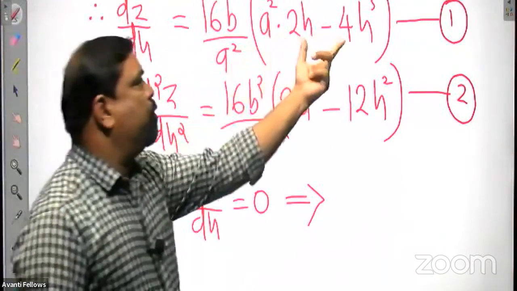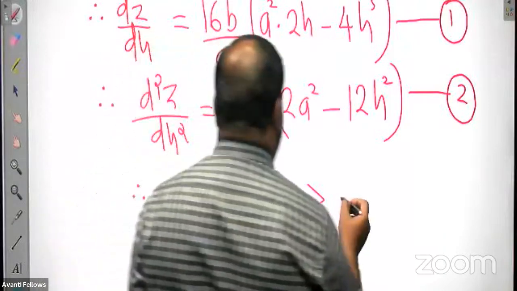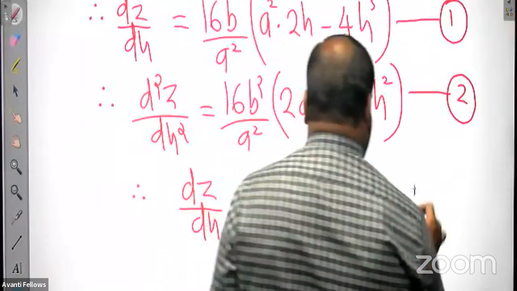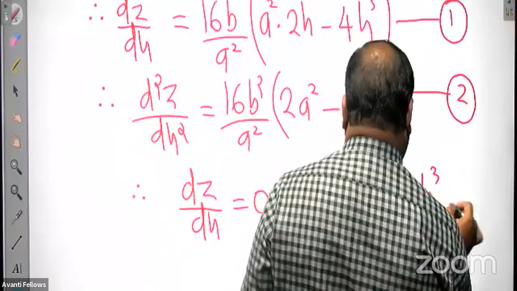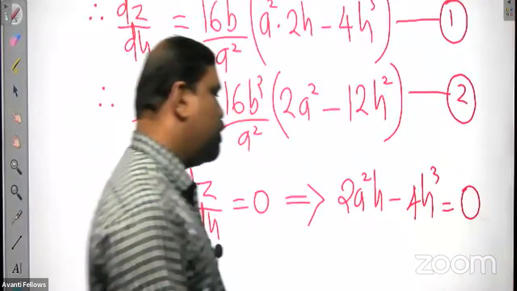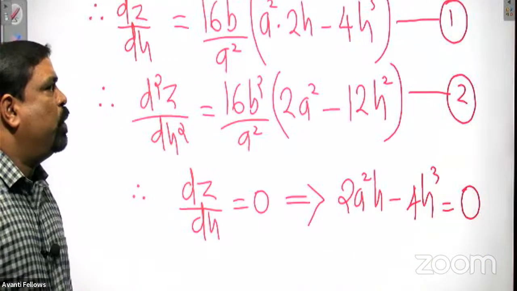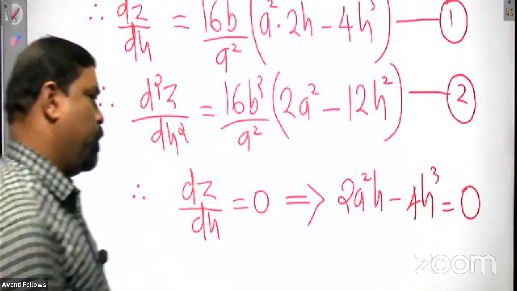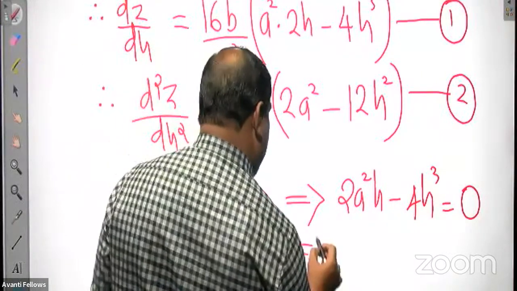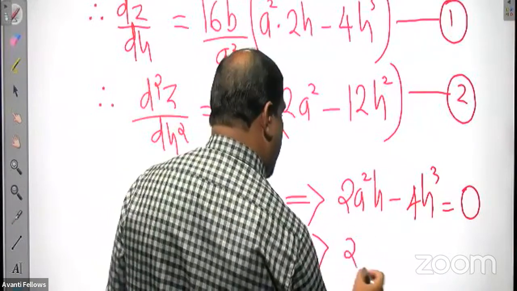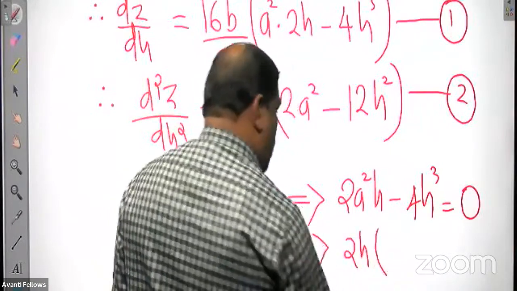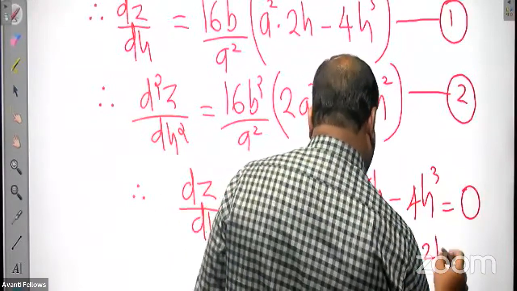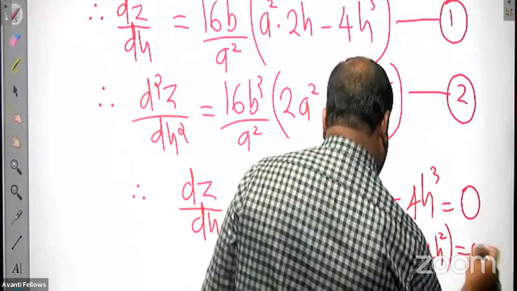So the bracket term, 2a square h minus 4h cube, must be equal to 0. From here, you can take 2 common and h common. So inside the bracket, we will get a square minus 2h square is equal to 0.